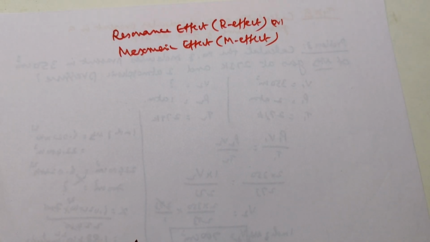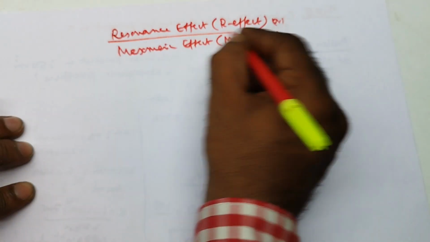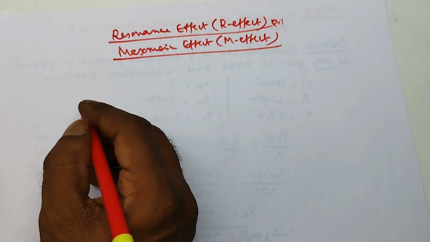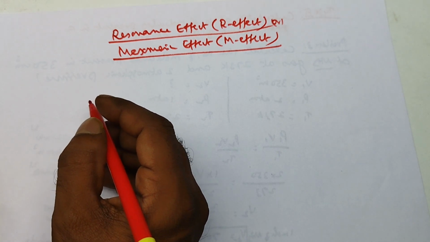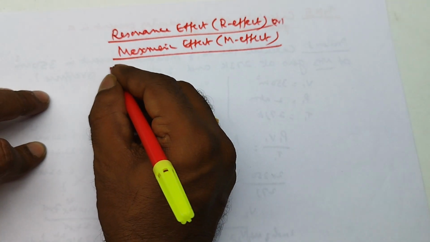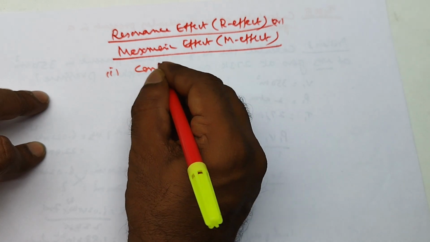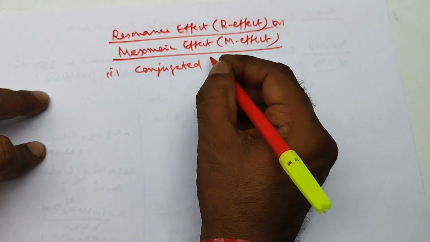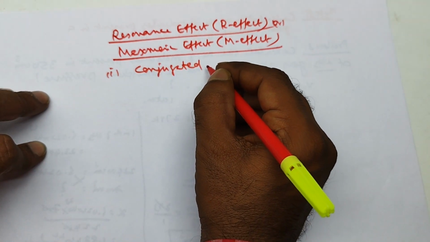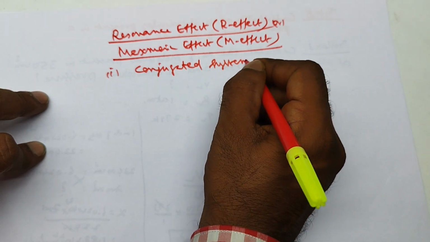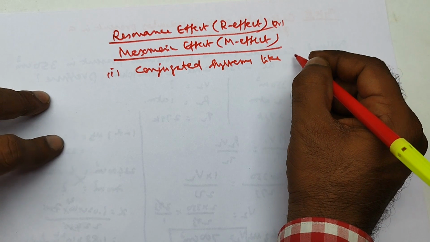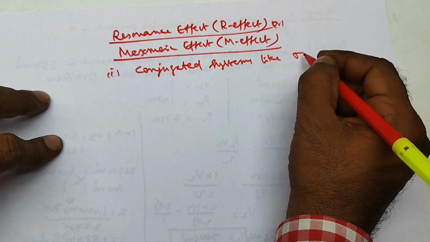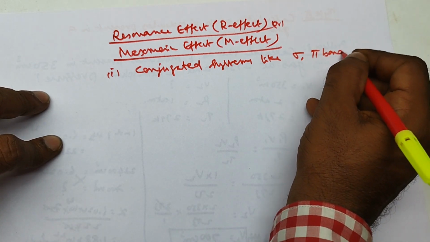We can take an example of conjugated systems, which have alternate sigma and pi bonds.